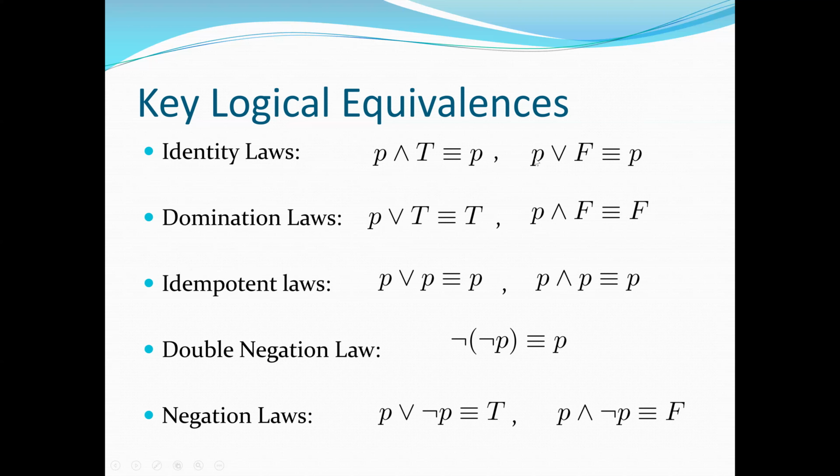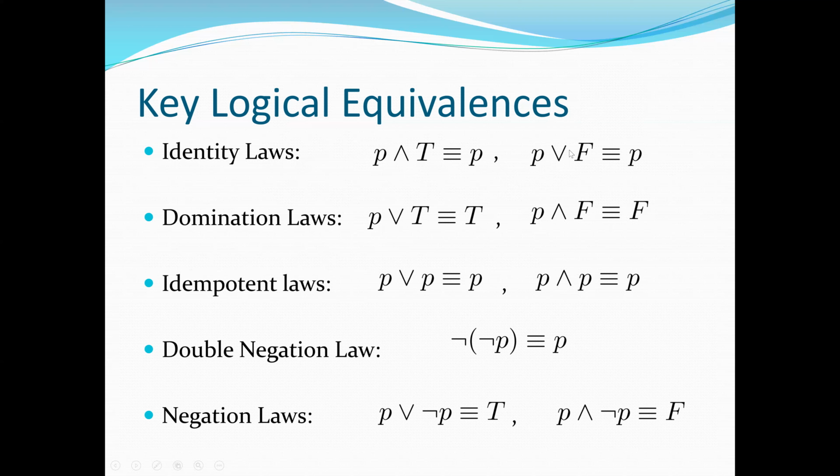The same thing applies to OR. If I'm using OR, then I'll use false, because if P is false or true, it will still give me true, it won't give me false. So here I have to use false.